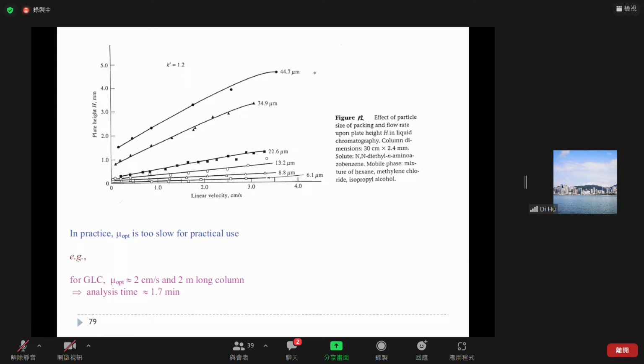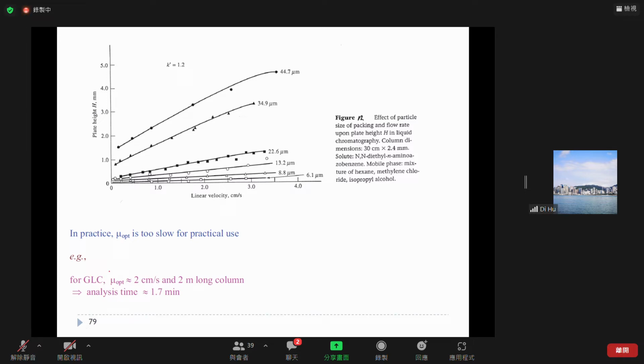So this shows how, when the particle diameter decreases, because we already see that with decreasing the particle diameter, it really reduces the contribution to the eddy diffusion and also to the non-equilibrium mass transfer. So that's why that greatly reduces the plate height.